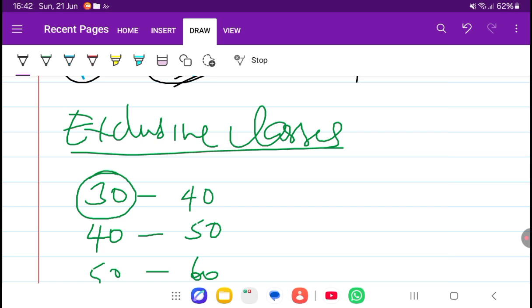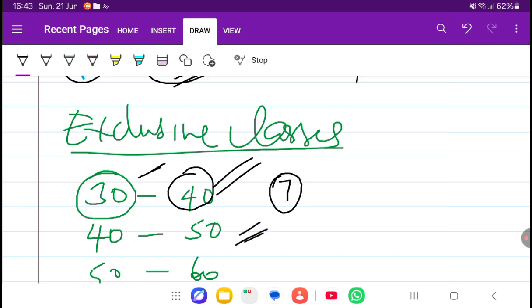Now this upper class limit in class 1 is not included in this class, it is included in the next class, because the lower class of the second class is 40, meaning this 40 is not included in that class.